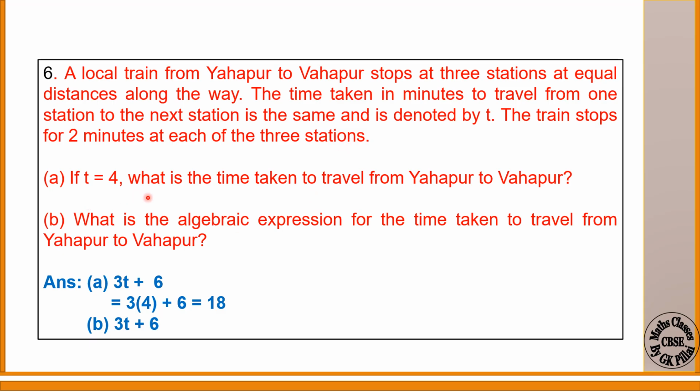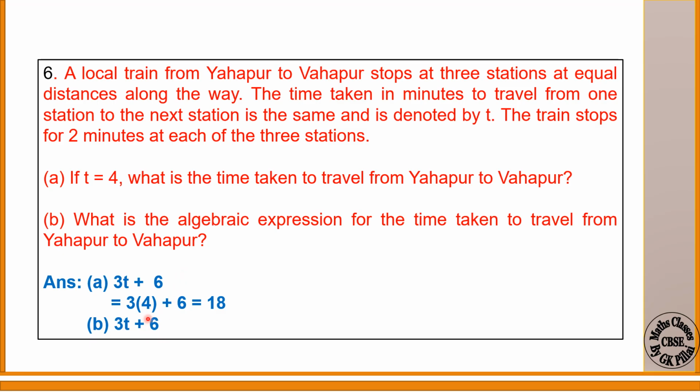If T equal to 4, what is the time taken to travel from Yahapur to Wahapur? That will be 3T plus 6 only. Why this 6? It stops for 2 minutes at 3 stations. 2 into 3 will be 6. There are 3 stations, that is why it will be 3 into T. Your answer is 3T plus 6.